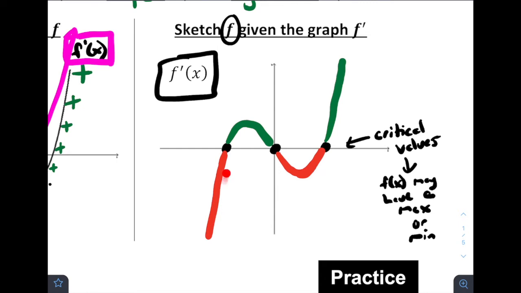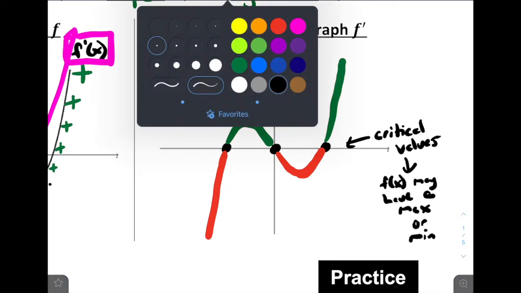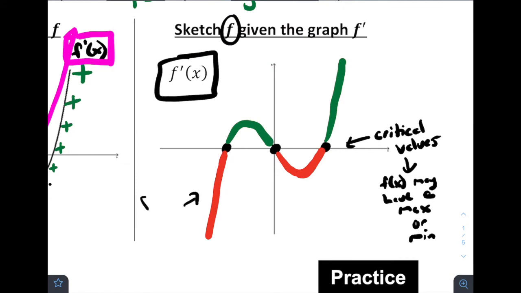Now, this first part that we've got here in red, we notice that the derivative is negative. The fact that the derivative is negative on this segment means that for every x value, the f of x function has to have a negative slope on that interval. So this tells me that f of x is decreasing on those x values, up until it hits this point.